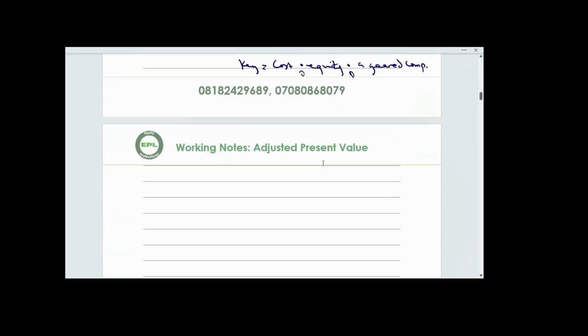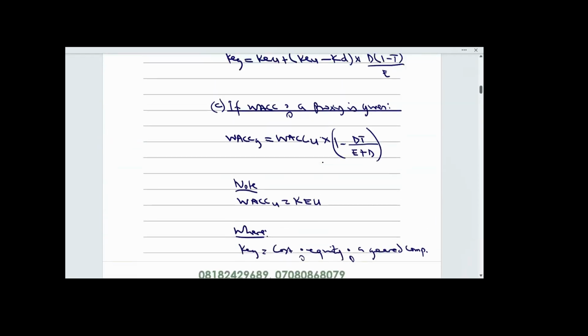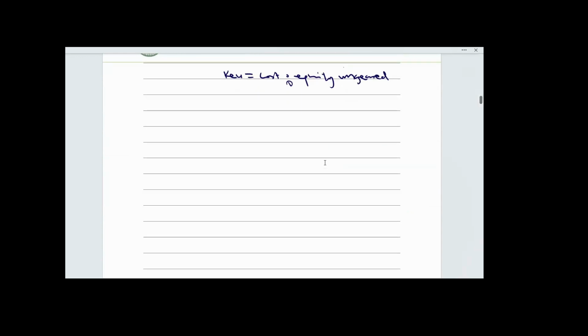Then we have KEU. I think I've already defined this. This is cost of equity on gear. Then we have KD, cost of debt. You already know this. KD, cost of debt or cost of borrowing.